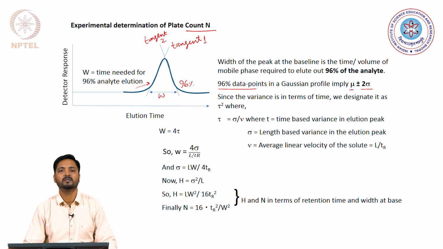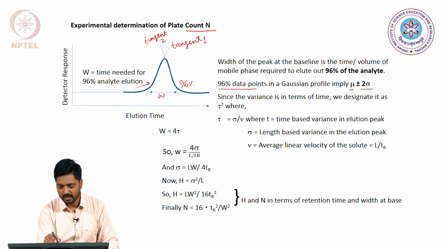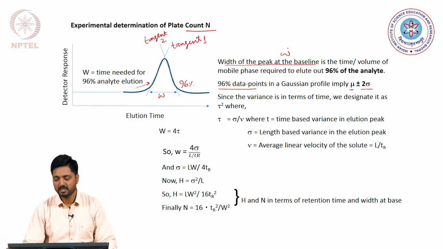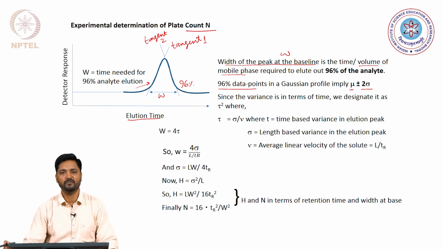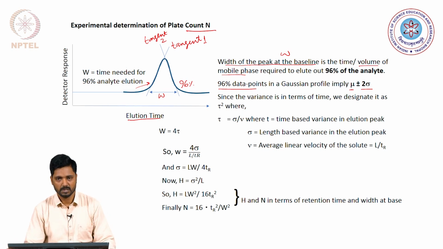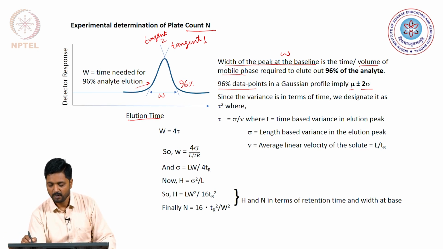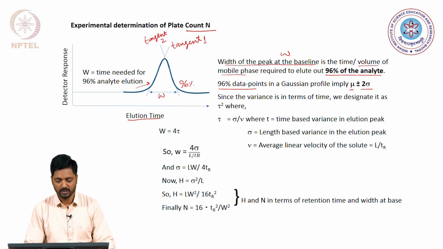So, I repeat that the width of the peak at the baseline, which is given as W, can be described either in terms of the elution time or in terms of the volume of the mobile phase that comes out, and this width of the peak at the baseline describes the time or the volume that is required to elute out 96% of the analyte from the column.